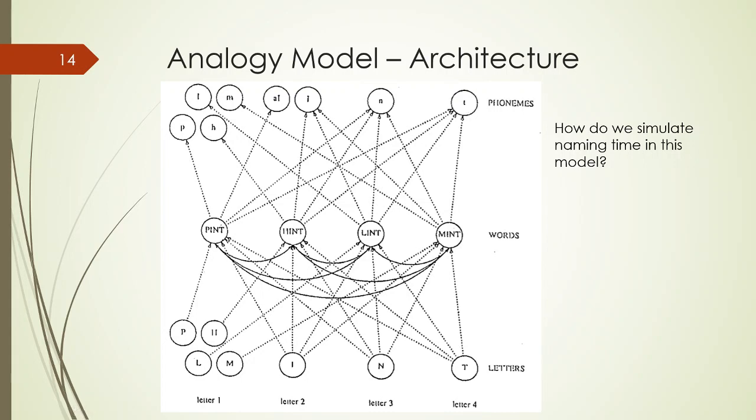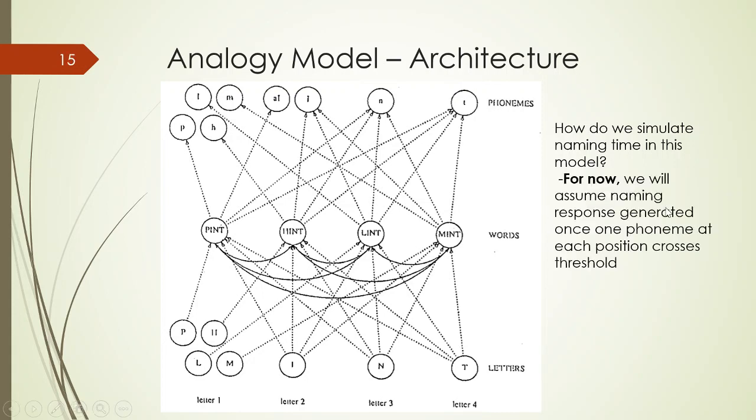And however many ticks or cycles of the simulation that took, that's equivalent to some amount of time, which is naming time. Okay. So for now, we will assume that the naming response is generated once one phoneme at each position crosses threshold, as I said.